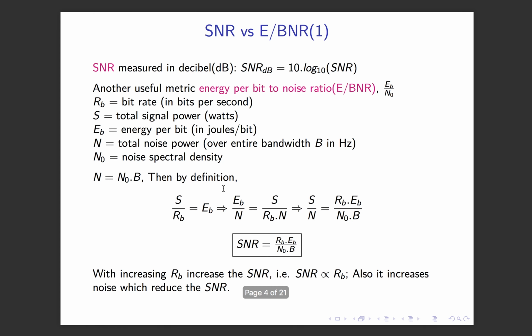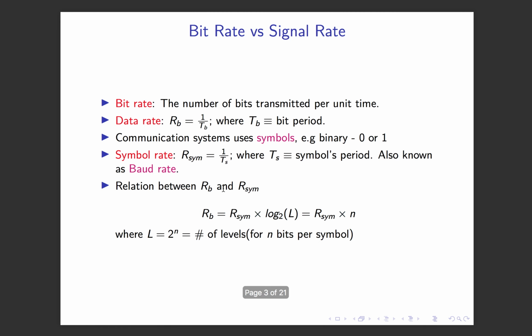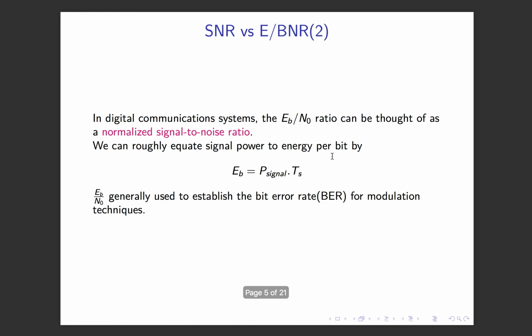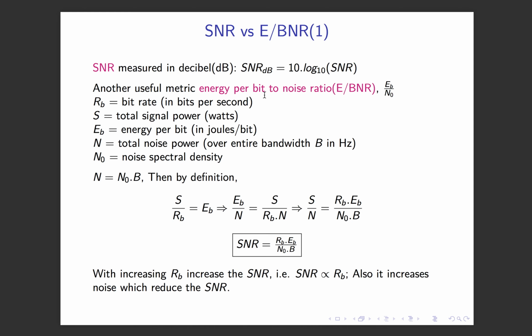Here you can see this is the symbol period T_s, already defined here. If we take the symbol period multiplied with the power of the signal, it will approximately give you this E_b term, the energy per bit.